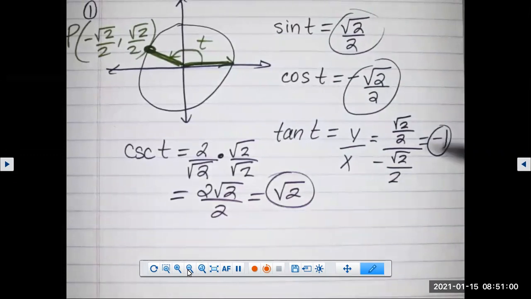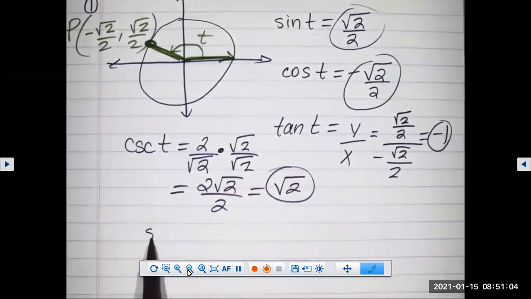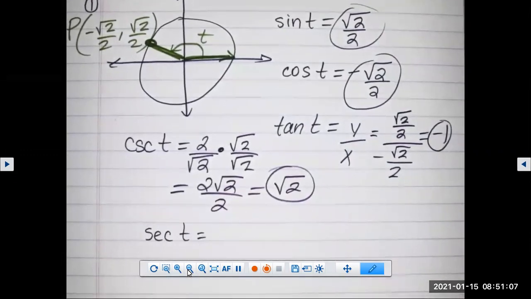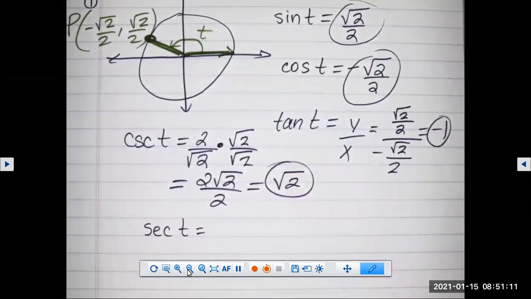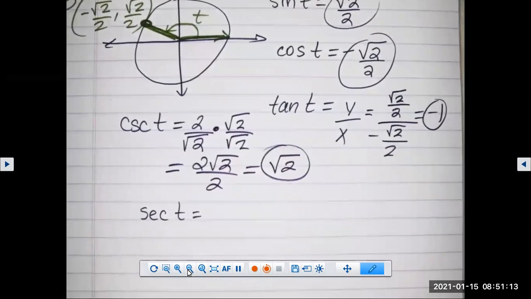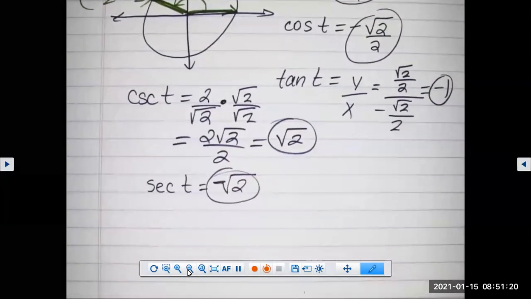Okay, since my sine and cosine were the same but different signs, tell me what you think secant will be. Cosecant and secant have to be the same thing except for different signs. So that'll be negative root 2.